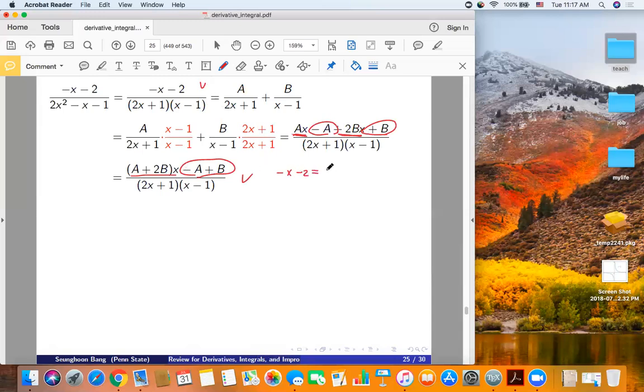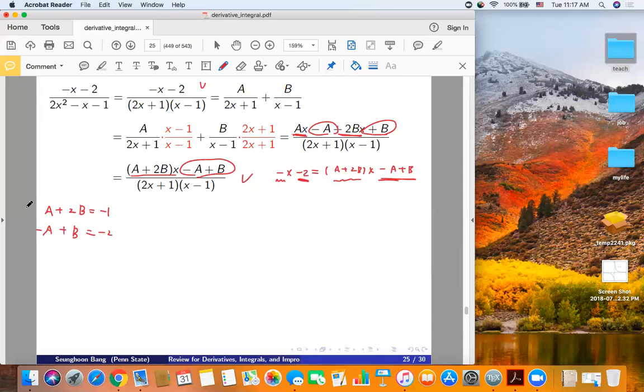So a plus 2b times x minus a plus b. The a plus 2b is the coefficient of x, so a plus 2b equals minus 1. The constant part, minus a plus b, is negative 2.